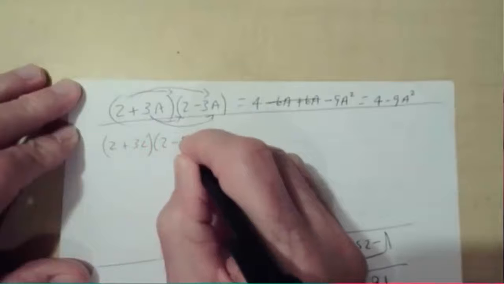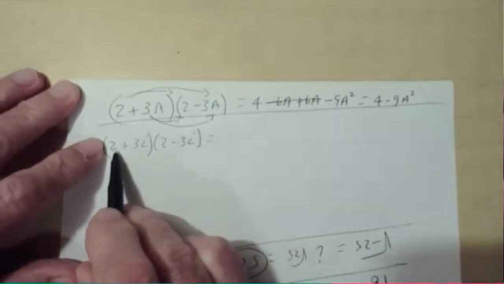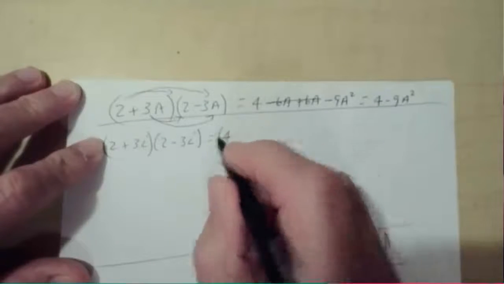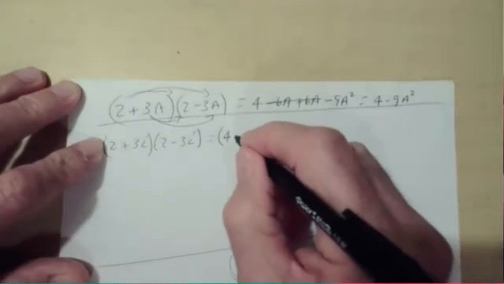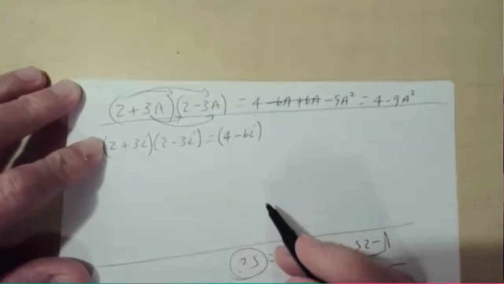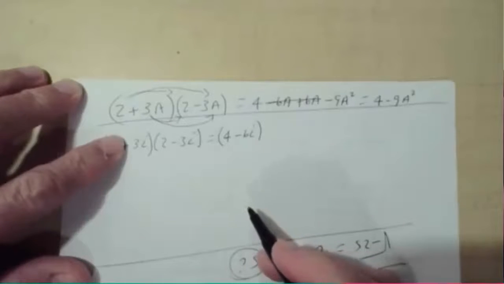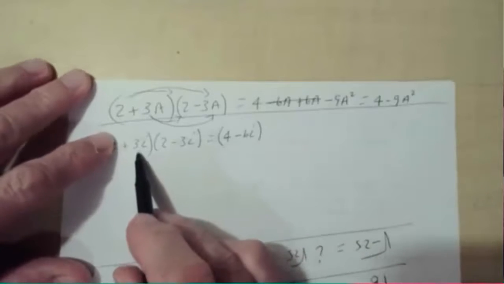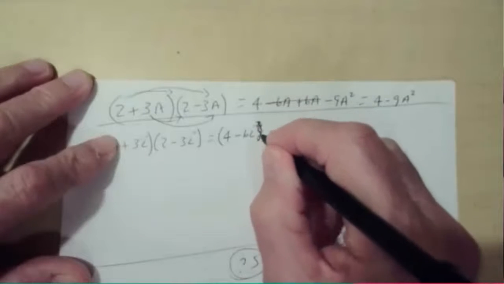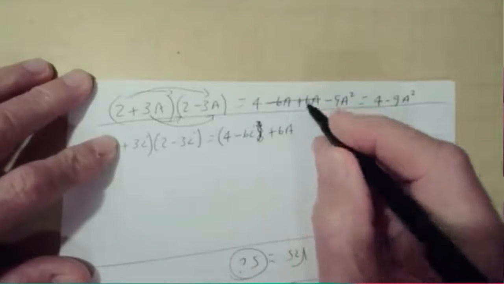times 2 minus 3i? Again, we did the distributive property. 2 times 2 is 4. 2 times -3i is -6i. Now we do the same thing with the 3i. 3i times 2 is plus 6i.